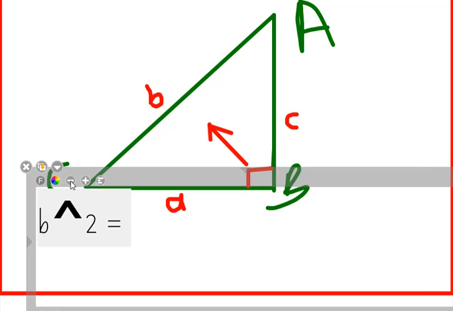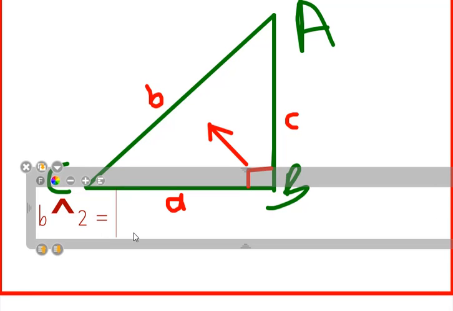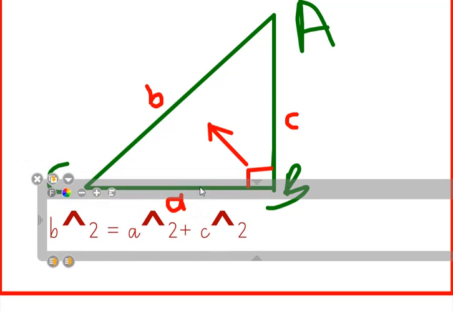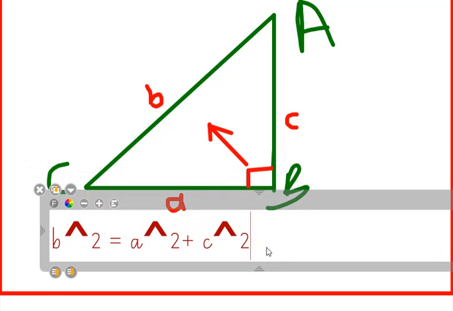How then do we calculate the hypotenuse, which is b squared? Because b is bigger than all of them, if we add a and c it should give us b. So a squared plus c squared will give us b squared, and this is the Pythagoras rule, everyone.